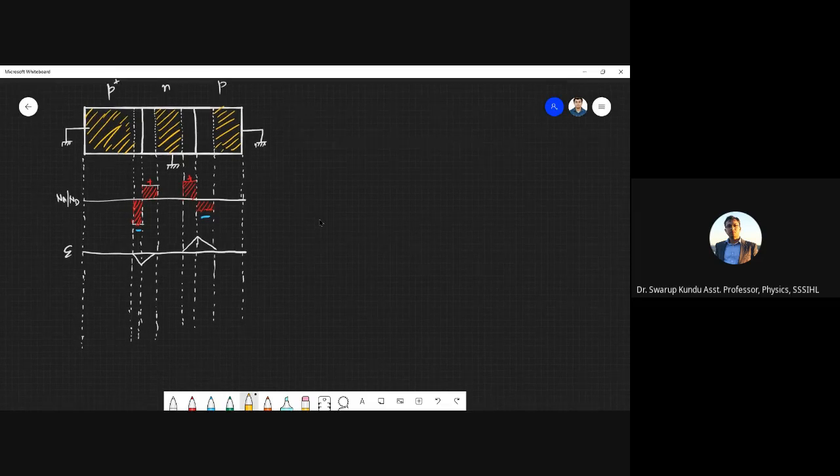So let's start from this side, P plus side. So let's draw the first for P type. So we have conduction band, valence band, and the Fermi level it lies. Now see the P plus is P side, it is heavily doped, so Fermi level will be very close to the valence band. You have to differentiate a little bit because we have another P type on the right side, right?